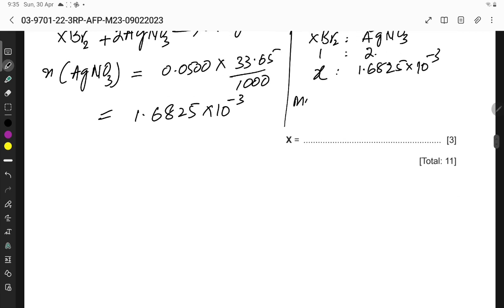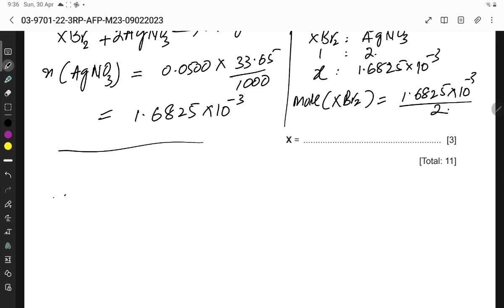The moles of XBr2 is equal to 1.6825 times 10 raised to minus 3 divided by 2, so moles of X is 8.4125 times 10 raised to minus 4.